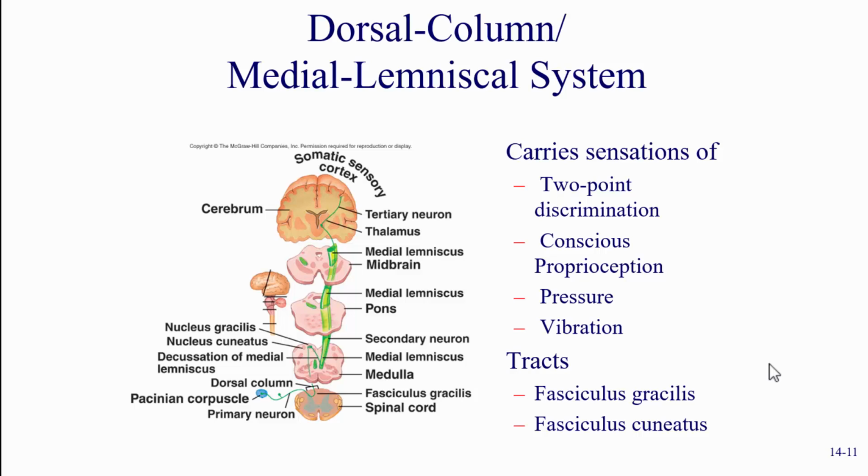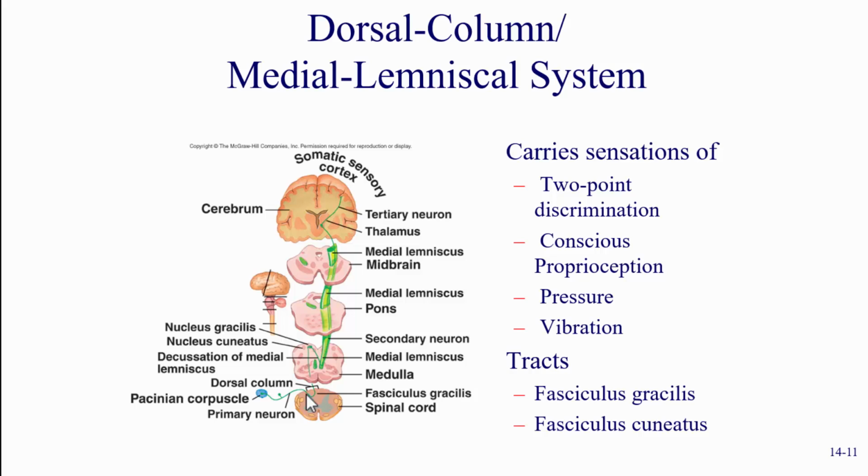Then we have what's called our DCML, or our dorsal column medial lemniscus. And this carries sensation of two-point discrimination, conscious proprioception, pressure, and vibration. And the tracts are the fasciculus gracilis and the fasciculus cuneatus. And here you can see, for instance, a Pacinian corpuscle.